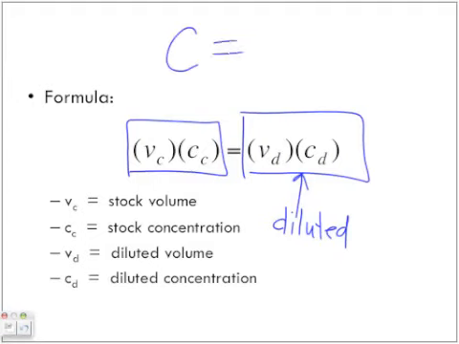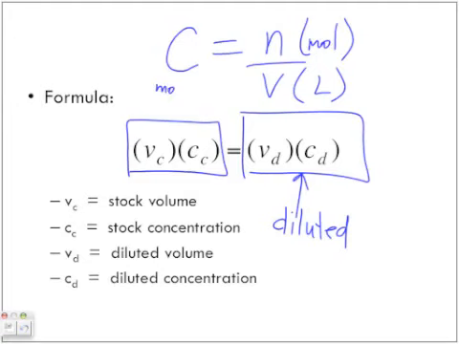Concentration is equal to the number of moles over the volume in liters. So n moles over volume in liters. Concentration is in moles per liter, a new way of writing moles per liter, because moles per liter is molarity.